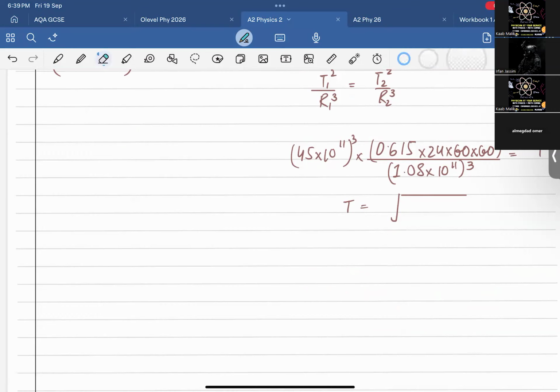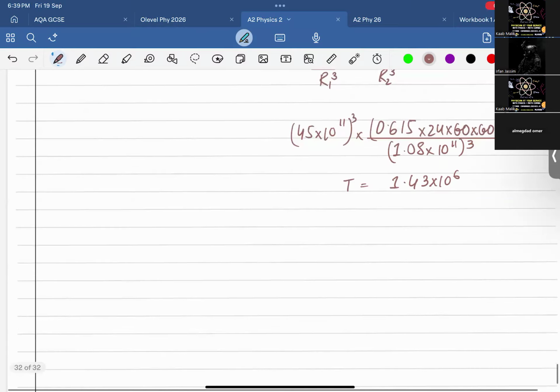So 1.43 exponent 6. But if they ask you to convert it into years, you just divide by 24 into 60 into 60, and so on, right? So I'm getting 165. Clear?